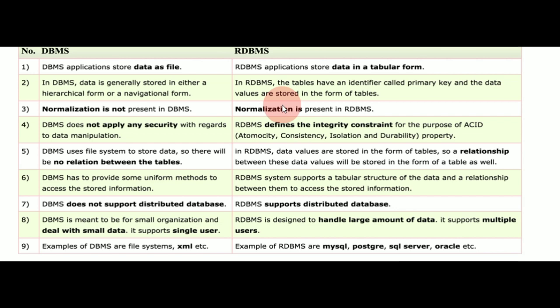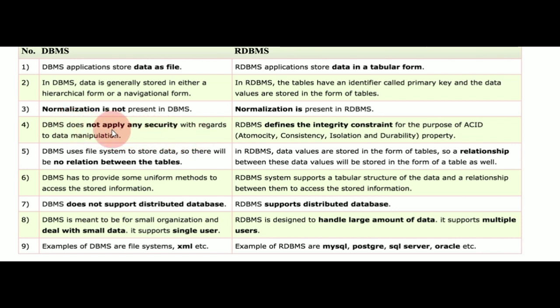There are different types of normal forms called first normal form, second normal form, third normal form and BCNF. All these different normal forms ensure that if a particular table is in a particular normal form, it ensures some functionalities. The fourth difference is that DBMS does not apply any security with regard to data manipulation.